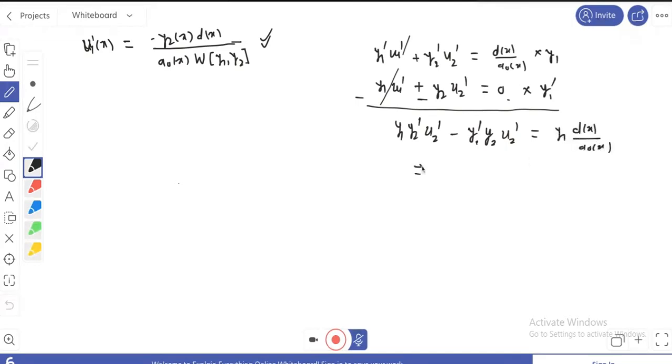So you can find u2', which is a function of x, multiplied by y1(x) y2'(x).